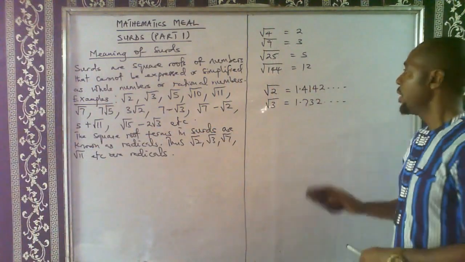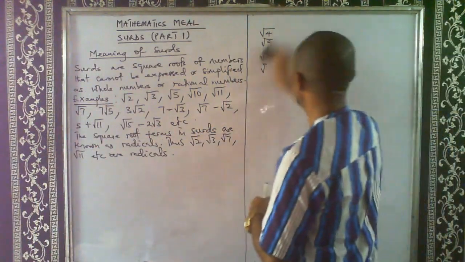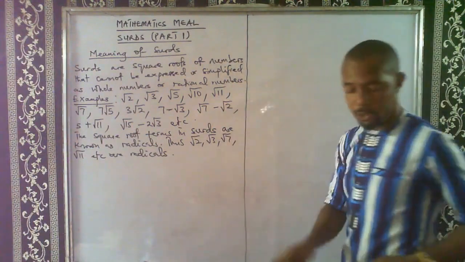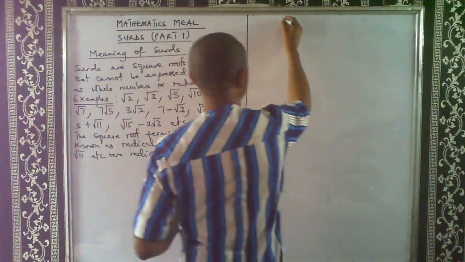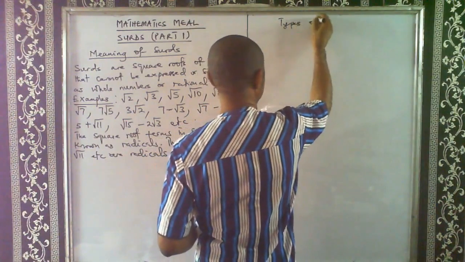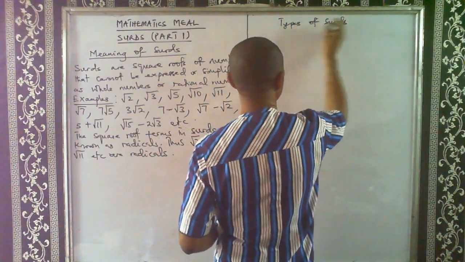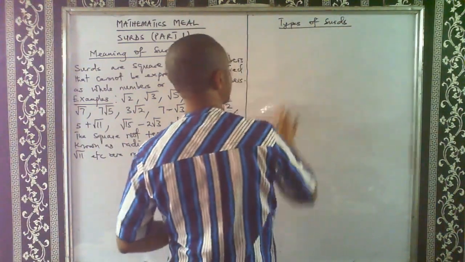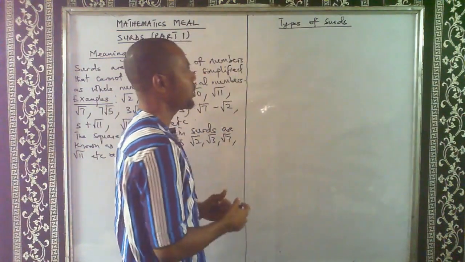Now quickly, before we end this episode, we need to look at the 2 major types of surds. So we look at types of surds. What are the 2 main types of surds?